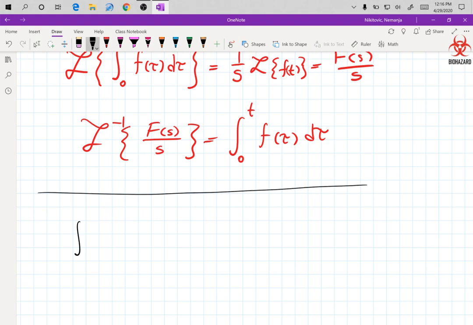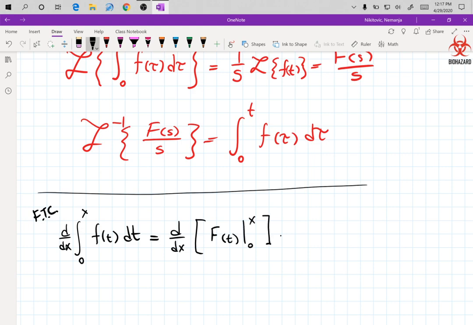If you remember, there was d dx of the integral from a to x of f of t dt, for the fundamental theorem of calculus, FTC. When we integrated this, we get the antiderivative with respect to t, and then we plug in a to x. And then we get d dx of the antiderivative at x minus the antiderivative at a. And now when you take the derivative, you just get f of x.